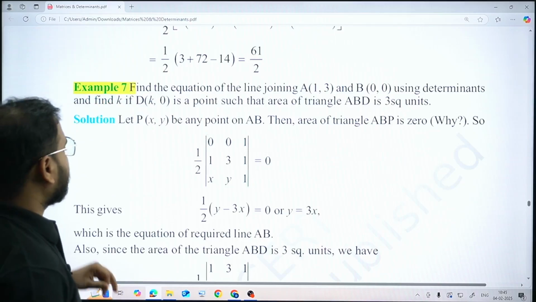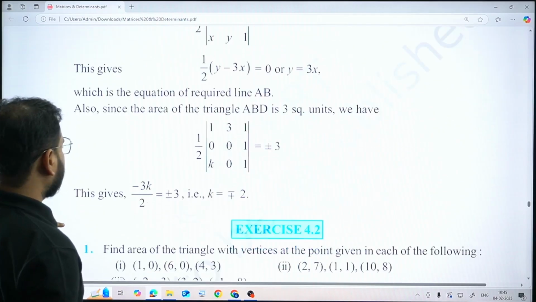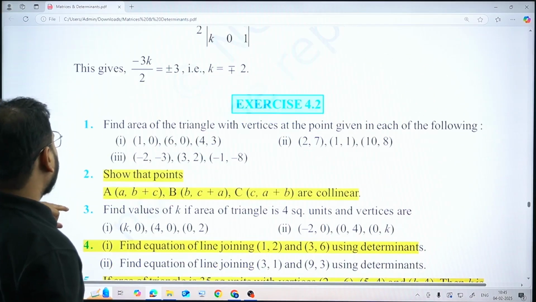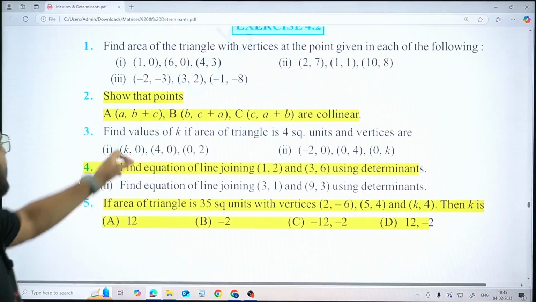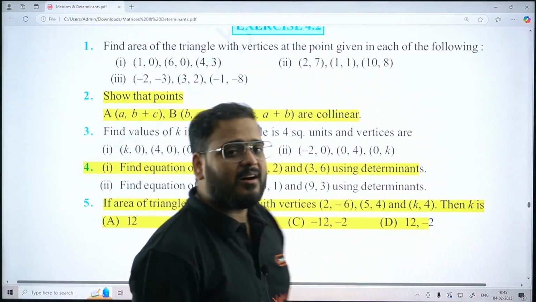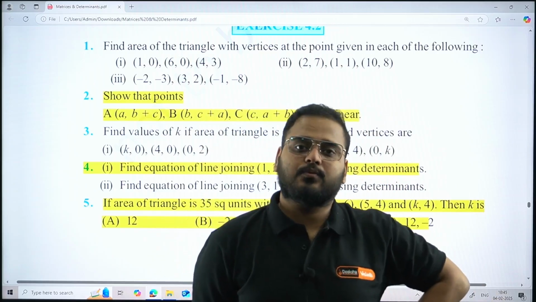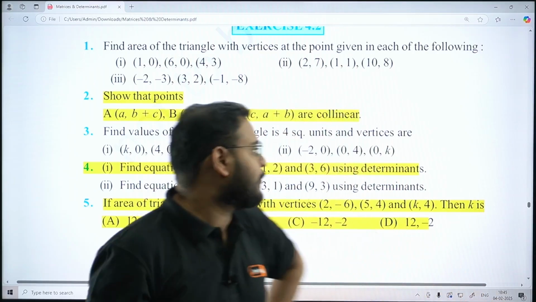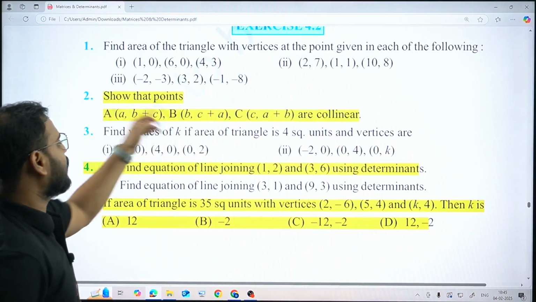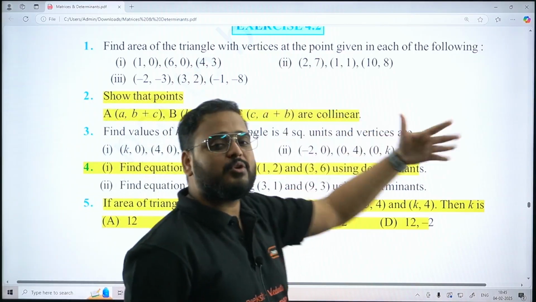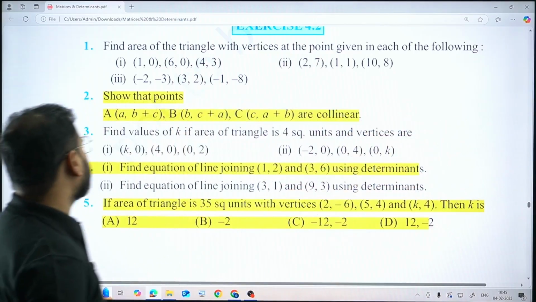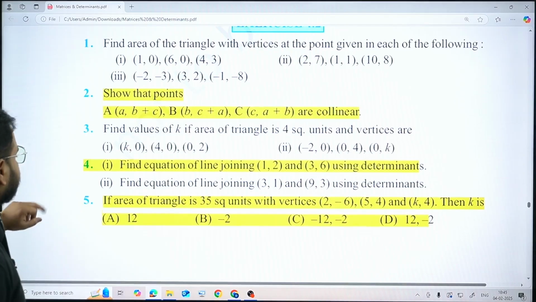Then we have exercise 4.2. Question number 2. Proving collinear means taking these elements as the coordinates in the determinant, solving the determinant and getting it as 0. Put it equal to 0 and find the value. If you get 0, they will become collinear. You have to show that, right? So the determinant will become 0. Question number 4, part 1.